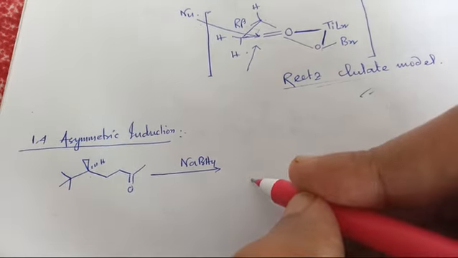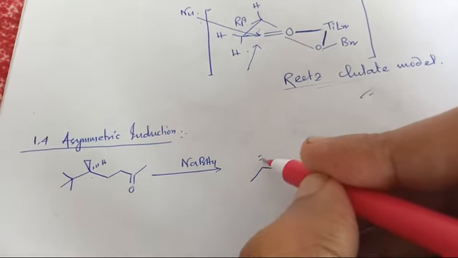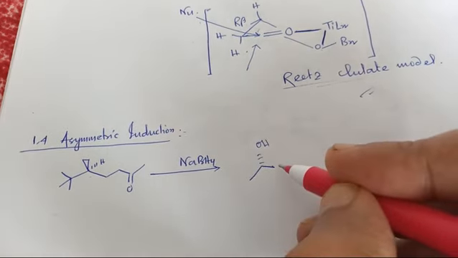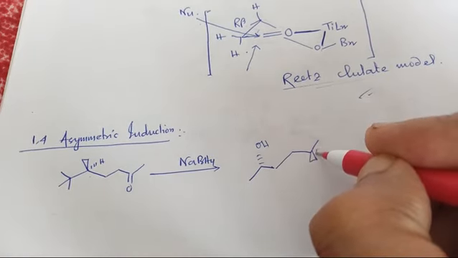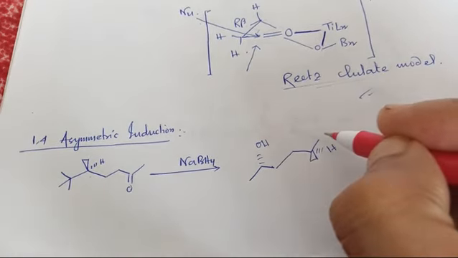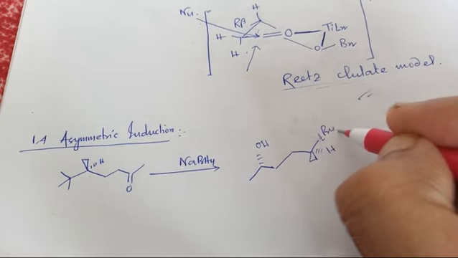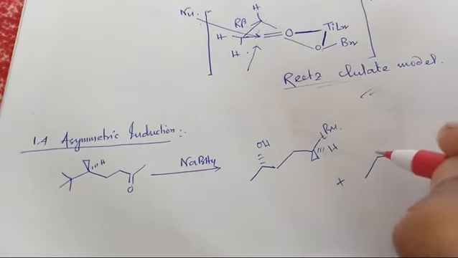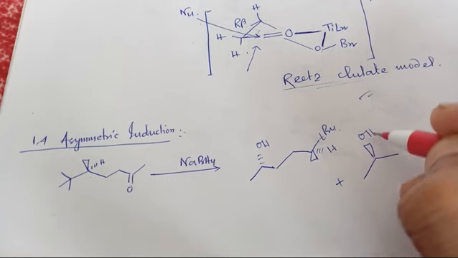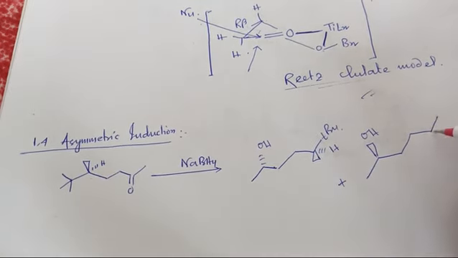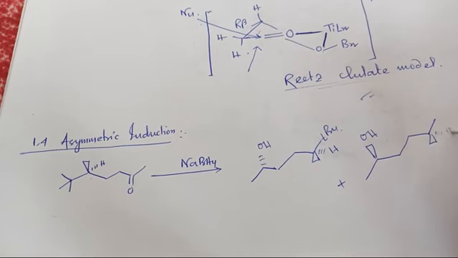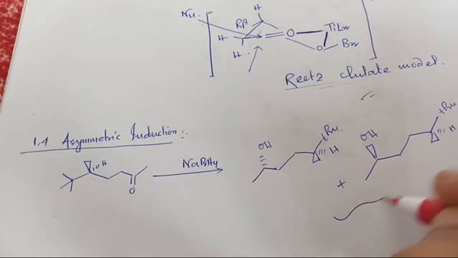The product will be the tert-butyl group plus the other, and this is 50-50.